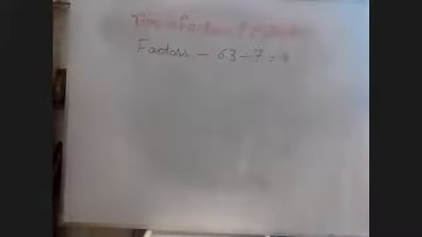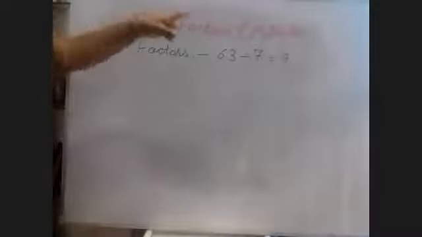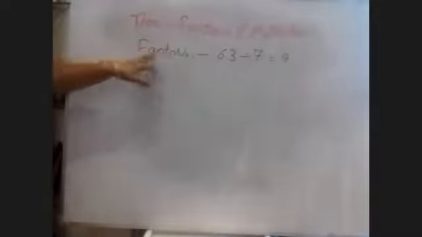So what are factors? When we divide any number and our remainder is 0, it means the number is exactly divisible. Then we can say the divisor and quotient are factors of the dividend.